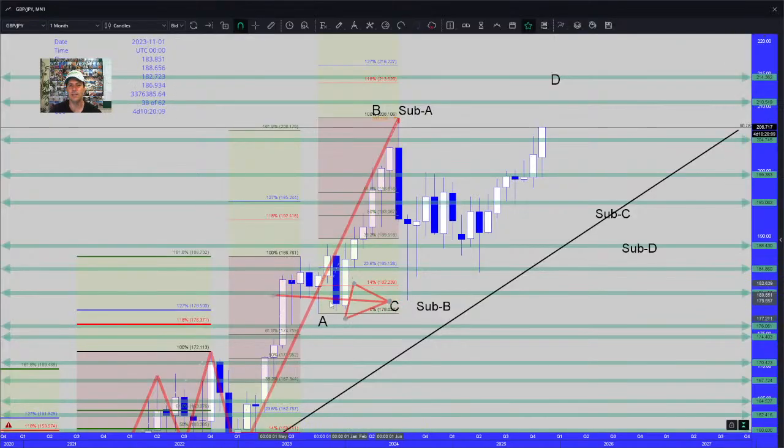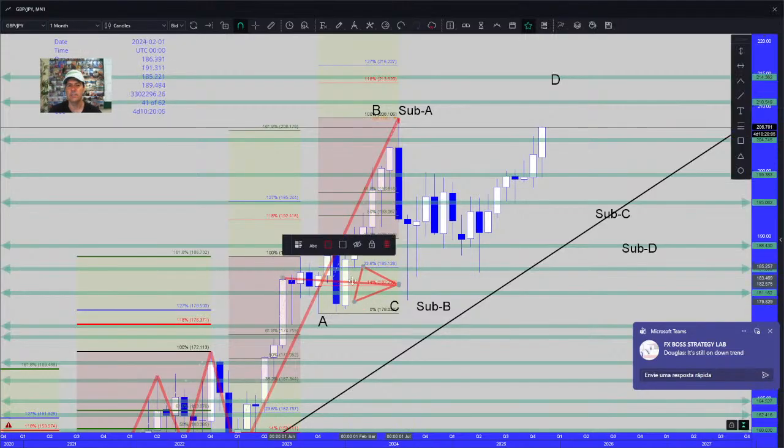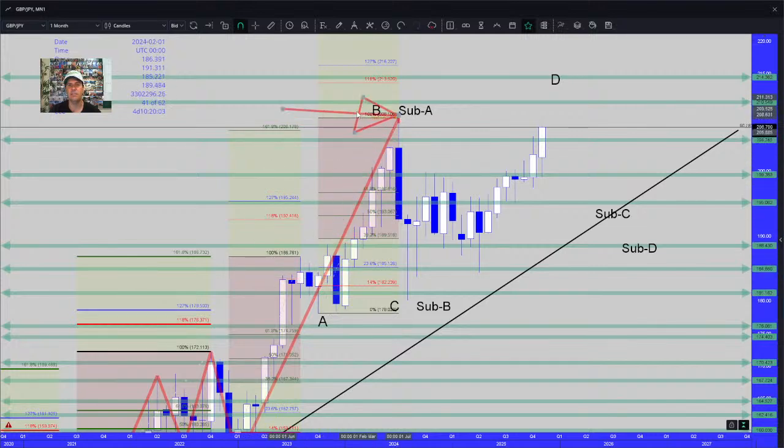The C is the lowest point inside the AB boundary after the B, before the market hits the property extension. Agreed, everybody? So we've learned about the original Fibonacci.